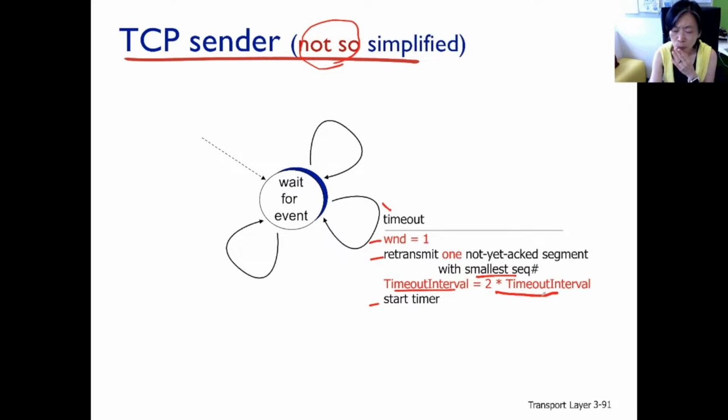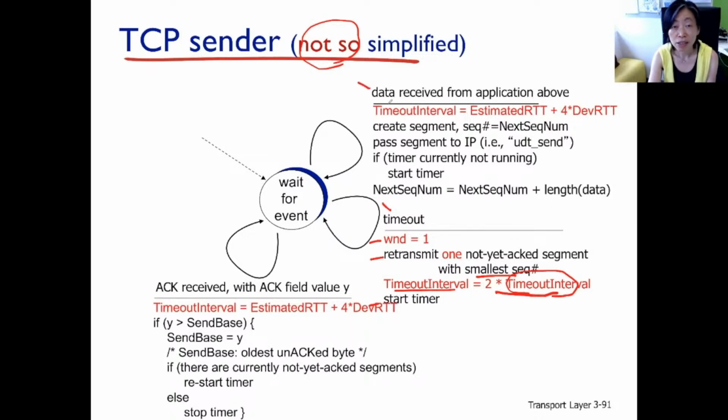Then you go, hey, what was the current timeout interval? Yeah, the current timeout interval is set here and here, in the transition where we get a call from above, and the transition where we receive an ACK packet from below. So you see the timeout interval is calculated this way. Yeah, this is what all those slides were saying, right? This is the equation we came up with: the average round trip time plus 4 times the deviation of the round trip time.